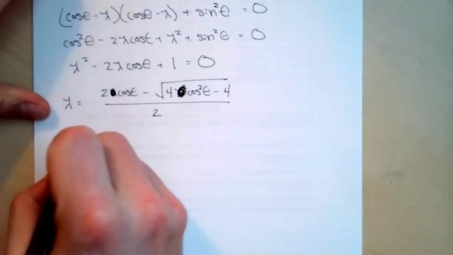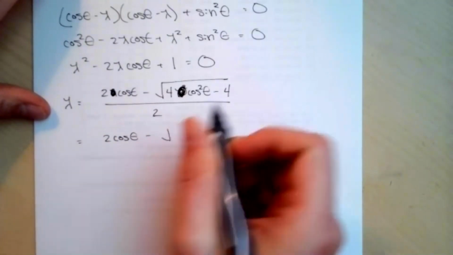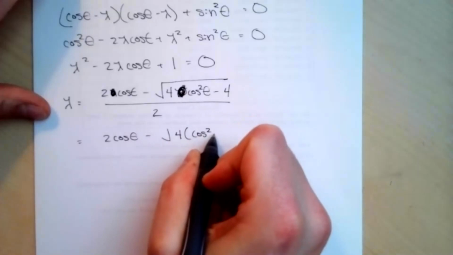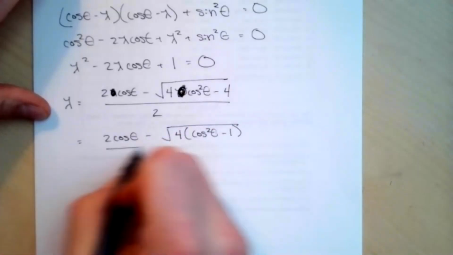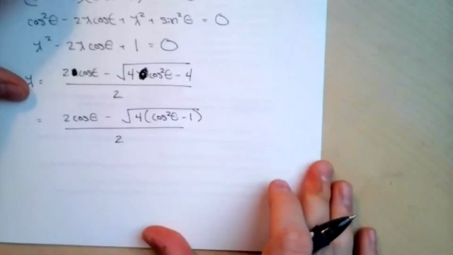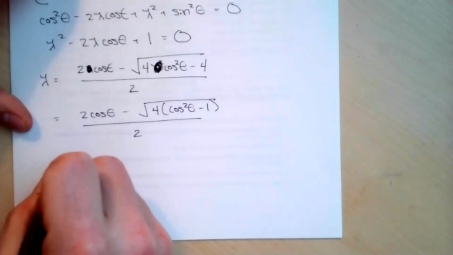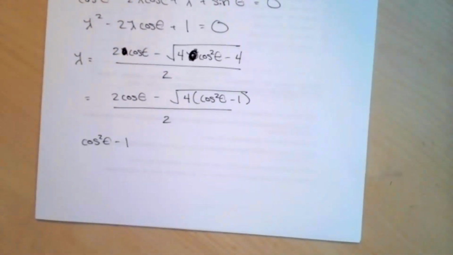Now, what does this tell us? This is 4 times cosine squared theta minus 1, all over 2. And what do we want to say about cosine squared theta minus 1?